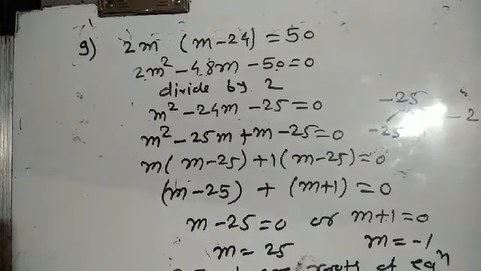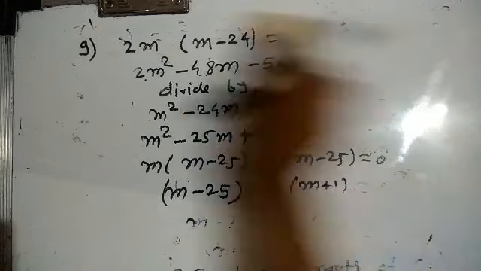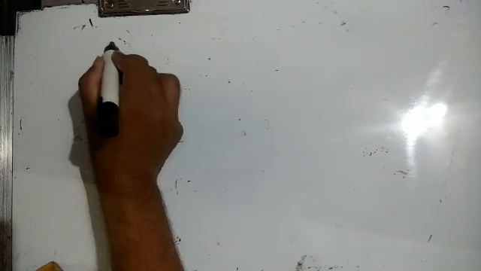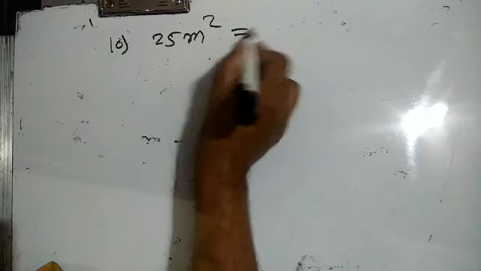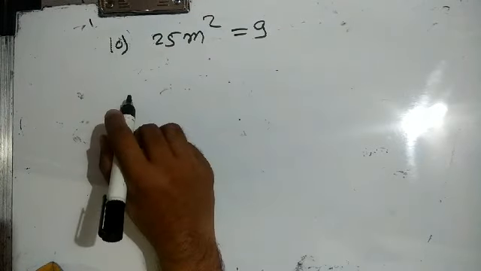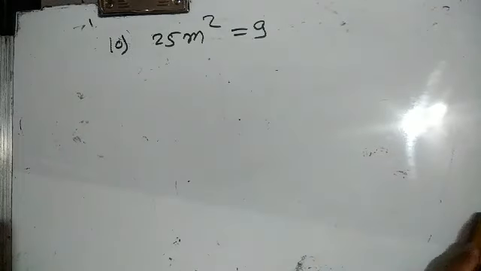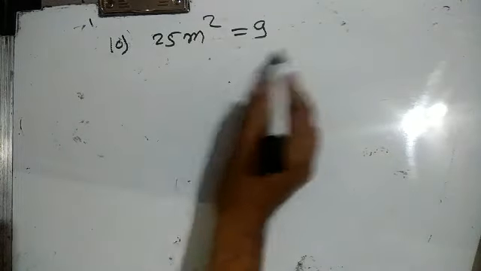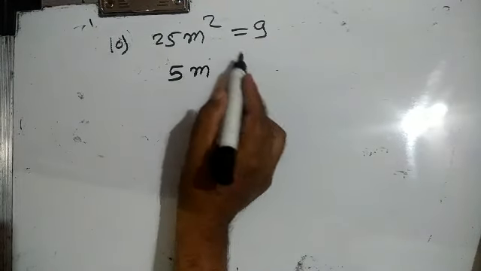This is problem number 9 from the practice set 2.4. Then the 10th problem: 25m² is equal to 9. This is a very simple problem. Here in this problem, take the square root on both sides. What we get? We get 5m.